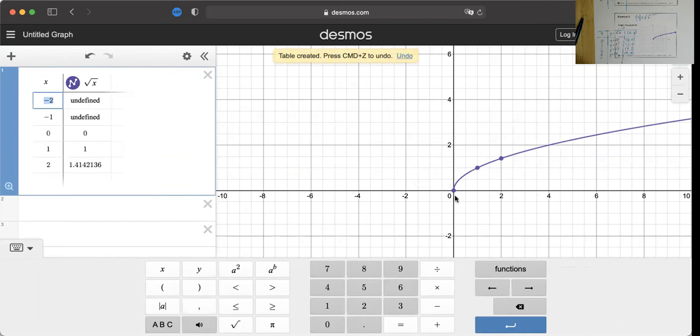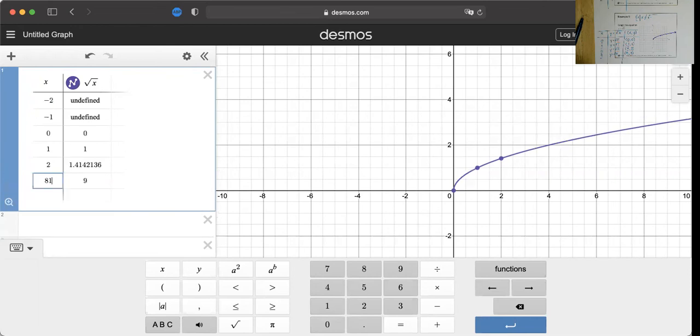There is no graph below 0. -1, undefined. There is no graph below 0. 0 is 0, 1 is 1, 2 is 1.41. So you can use any number, even a decimal, if you want. And you can put in your own value for x. Like what would 81 be? It would be 9. Way out there.